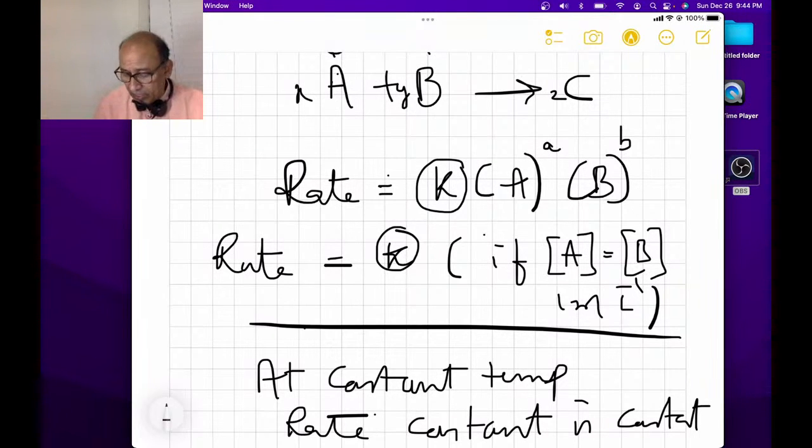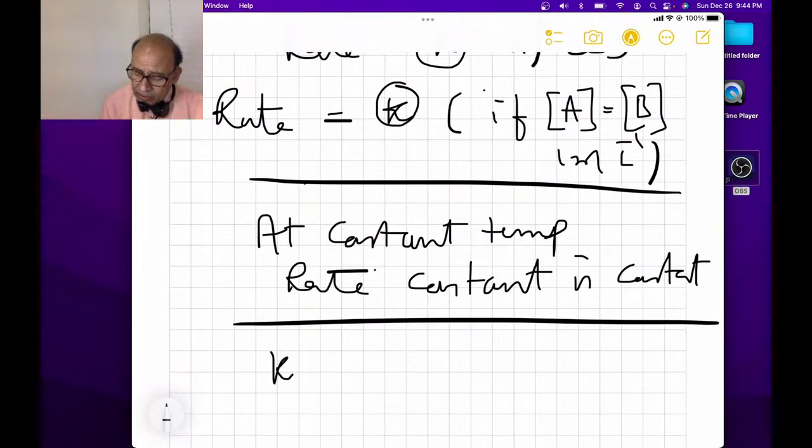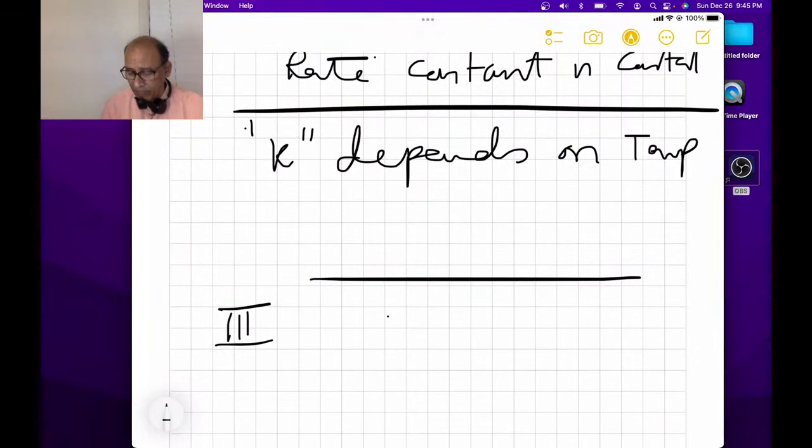Like that, the rate constant always remains constant and it is not dependent on the concentrations of the reactants you would take. However, rate constant K depends on temperature. If you vary the temperature, of course rate constant varies. Are we very clear about it, sir?